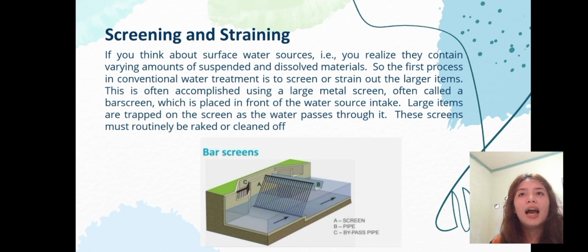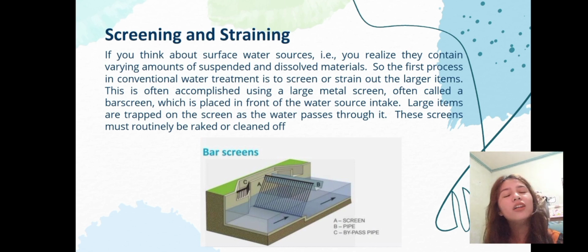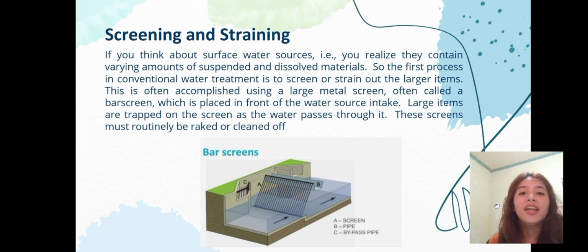While collecting, you don't get the water itself. You also get a lot of rocks, a lot of sand. So in screening and straining, we can remove the larger items so that the water can be clean. And then we're gonna go with the second reporter.